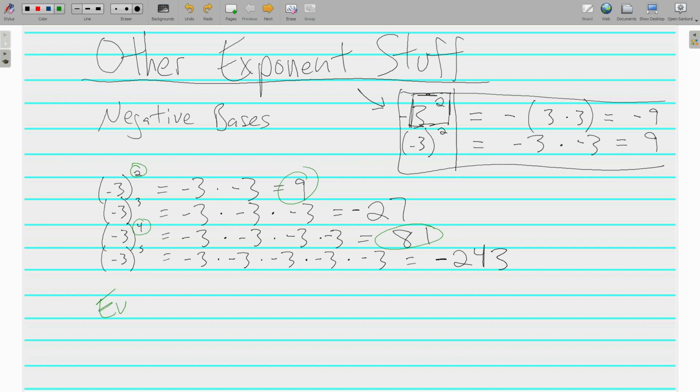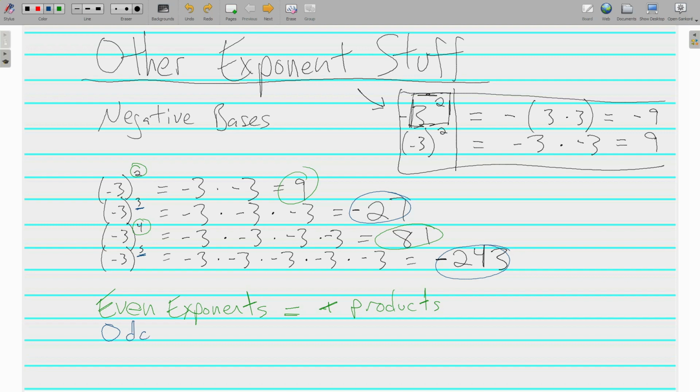Even exponents gave us positive products. And then the odd exponents, the 3 and the 5, gave us negative products.